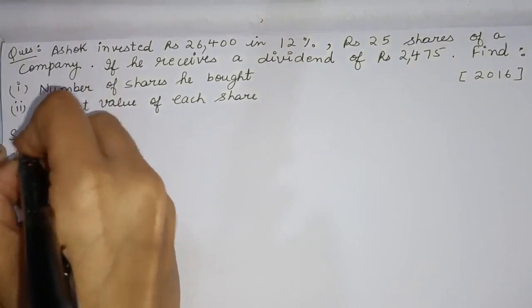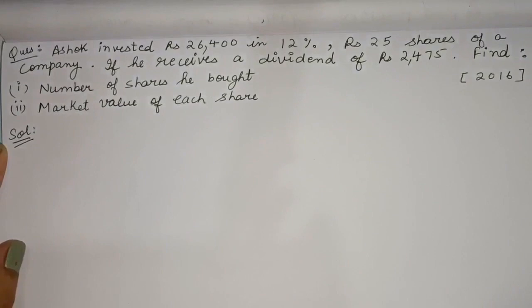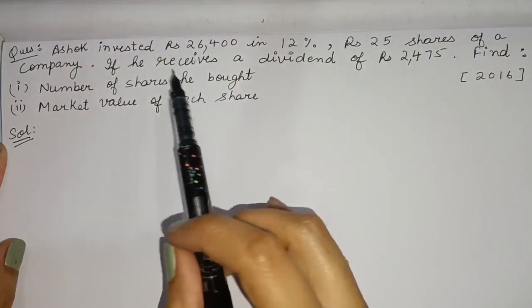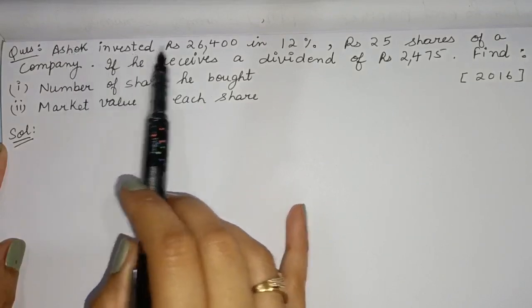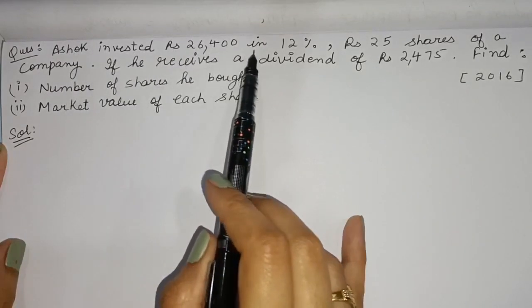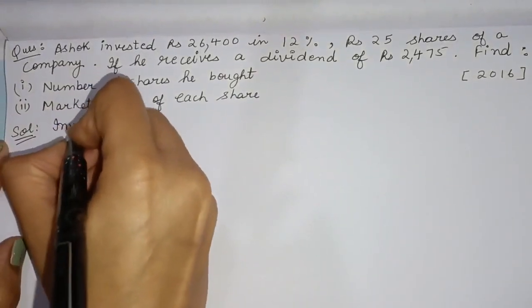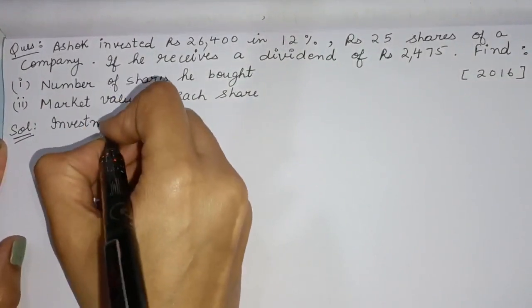So let's start. As I have told you, when we start doing a question, after reading the statement, we'll write immediately whatever is given to us. So Ashok invested rupees 26,400. That means investment is given to us. If any amount is invested, that amount is investment.